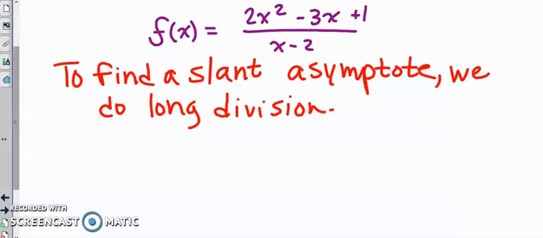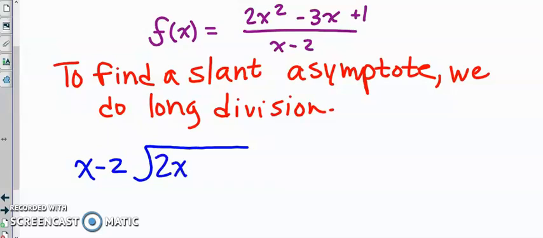Let's go ahead and do some long division. When it comes to long division, what's underneath the fraction bar comes out, and what comes underneath is your numerator.